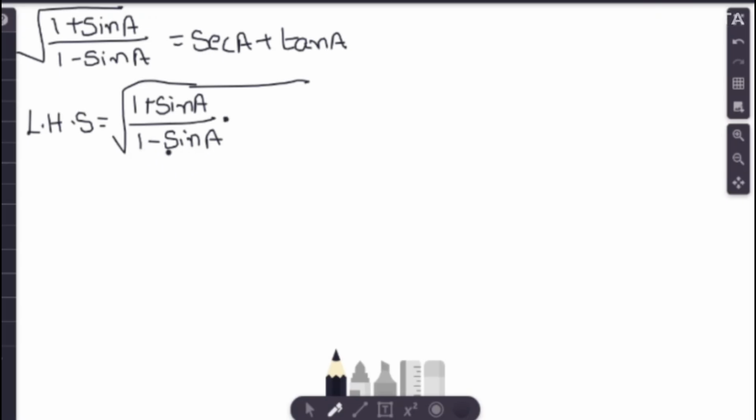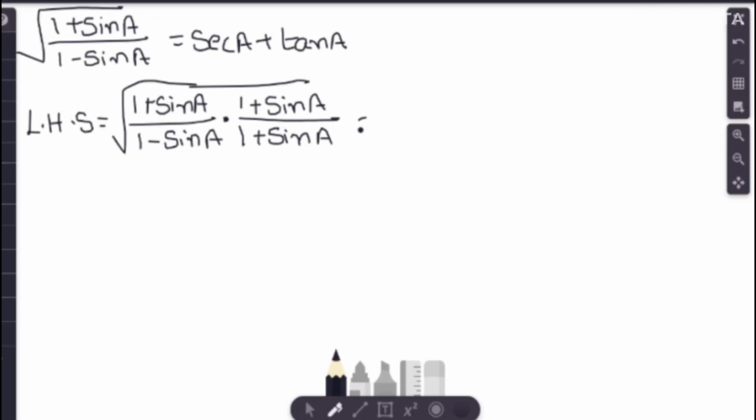Here in the denominator 1 minus sin A is there. The middle symbol is minus, the opposite symbol is plus. So the same terms with different symbol, that is 1 plus sin A by 1 plus sin A. With the same number we have to multiply both the numerator as well as the denominator to rationalize them.